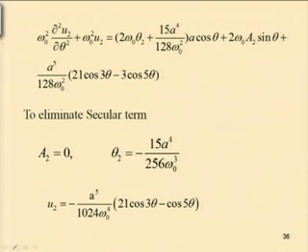After simplification the equation reduces to omega 0 square del square u 2 by del theta square plus omega 0 square u 2 equal to 2 omega 0 theta 2 plus 15 a fourth by 128 a 0 omega 0 square into a cos theta plus 2 omega 0 a 2 sin theta plus a to the power 5 by 128 omega 0 square into 21 cos 3 theta minus 3 cos 5 theta.